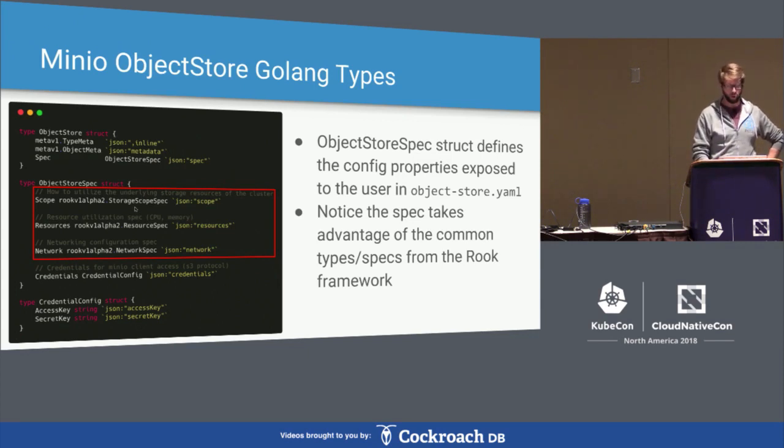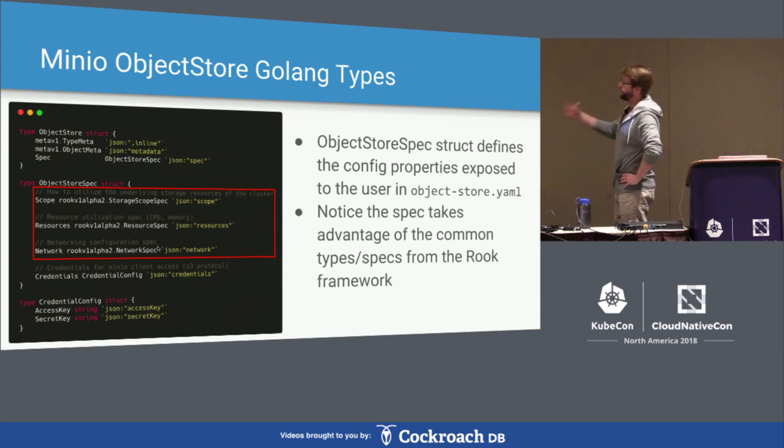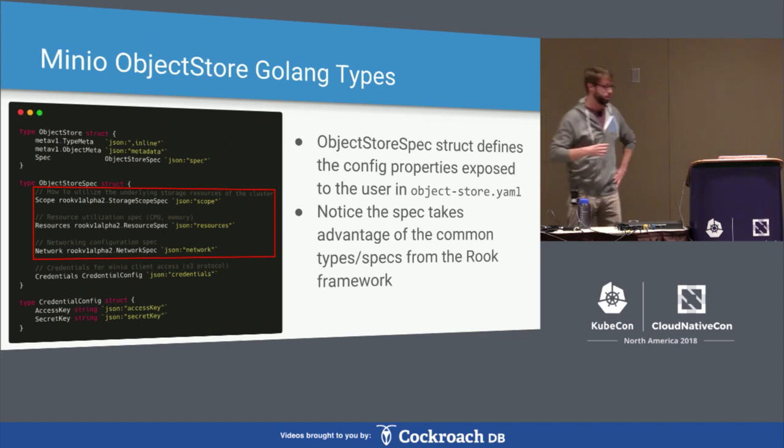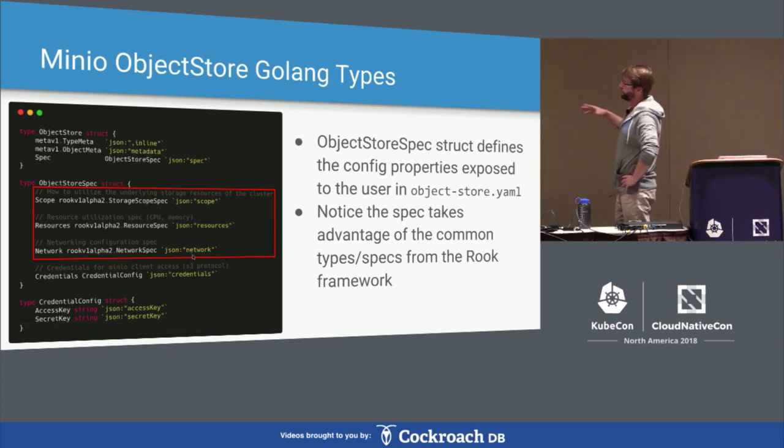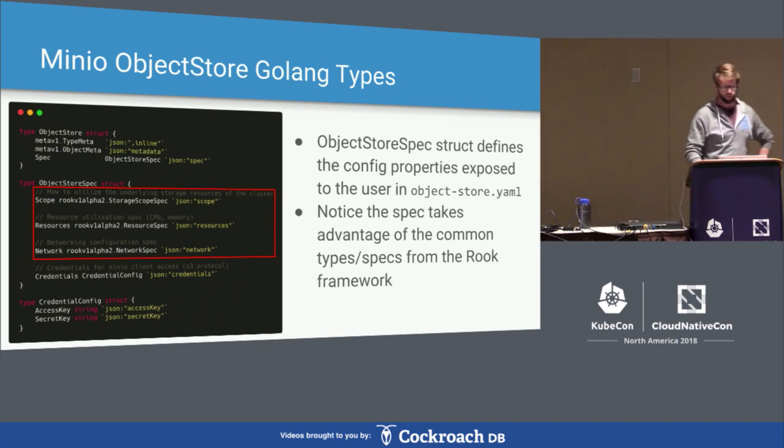This is how I want the ability to specify what storage to include. I want the ability to specify what resources should be limited and constrained, such as CPU and memory. I want to be able to specify some networking configuration. How should it use the network in the cluster that it's being deployed to? And then outside of that square, we have the little credentials configuration that's specific to Minio. It's not necessarily a common thing across all storage providers that gets added in there, so the user can configure that as well.